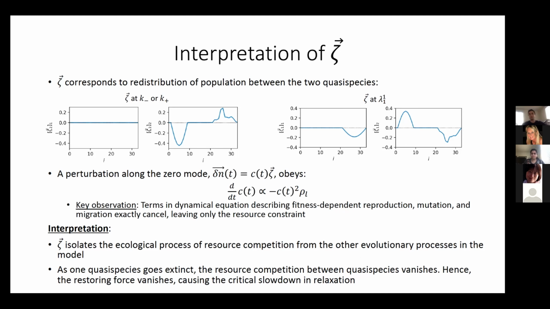As the population is vanishing, then the competition vanishes. But that competition is the only restoring force bringing the system to steady state. That's what we saw here. The only restoring force is due to that competition. So if the restoring force vanishes as the system approaches steady state, then there's essentially nothing pulling the system to steady state. And we get really slow dynamics. And that's the cause of the critical slowdown.